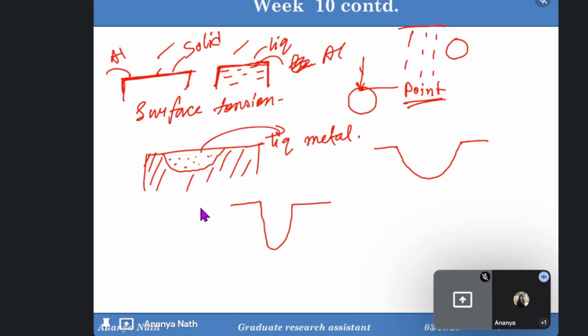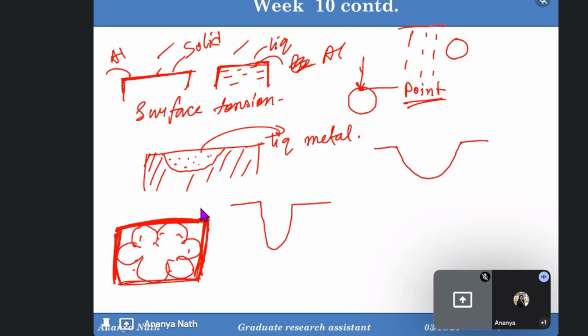So surface tension is very important in case of casting and additive manufacturing as well, because you can imagine in casting you are doing everything inside a mold, and if this mold wall has very high surface tension and the liquid inside the mold has very low surface tension, then at the time of solidification they will solidify like this. They will not touch the mold wall.